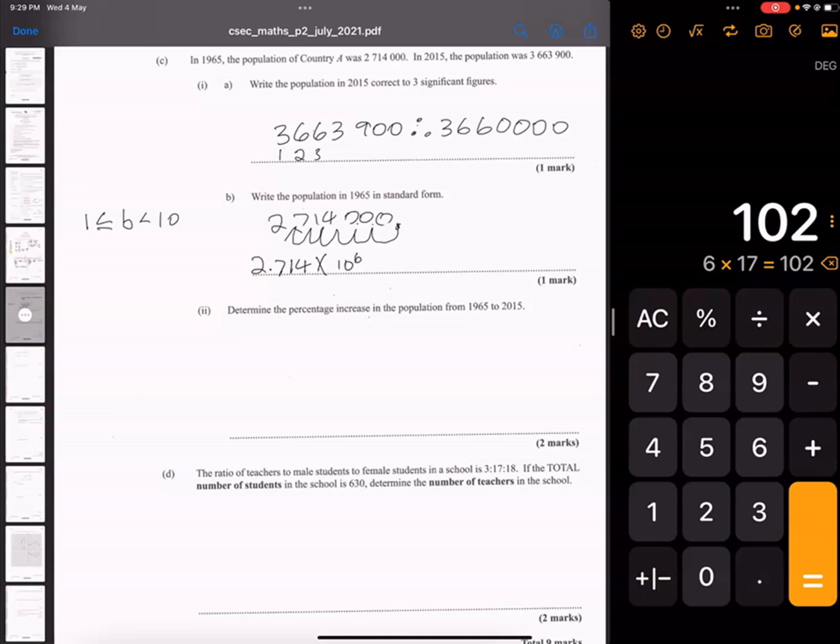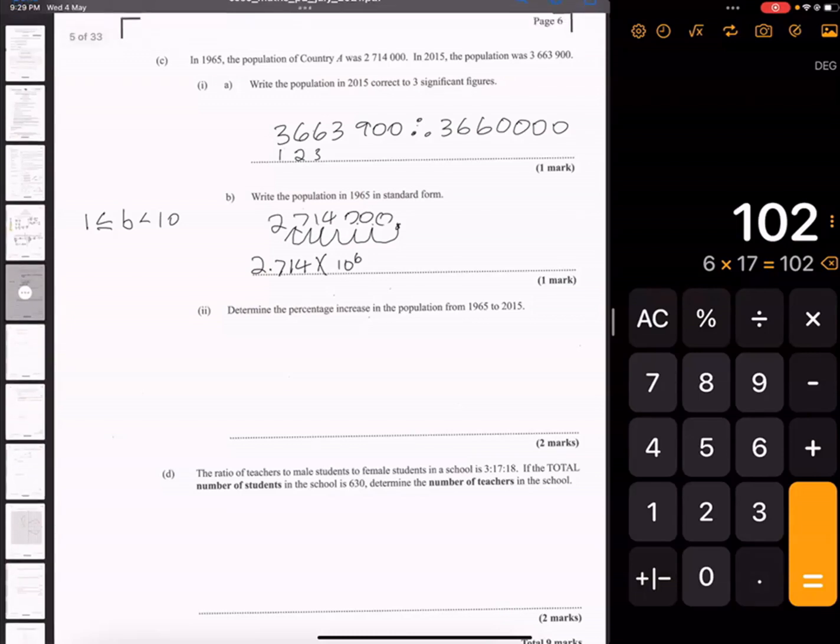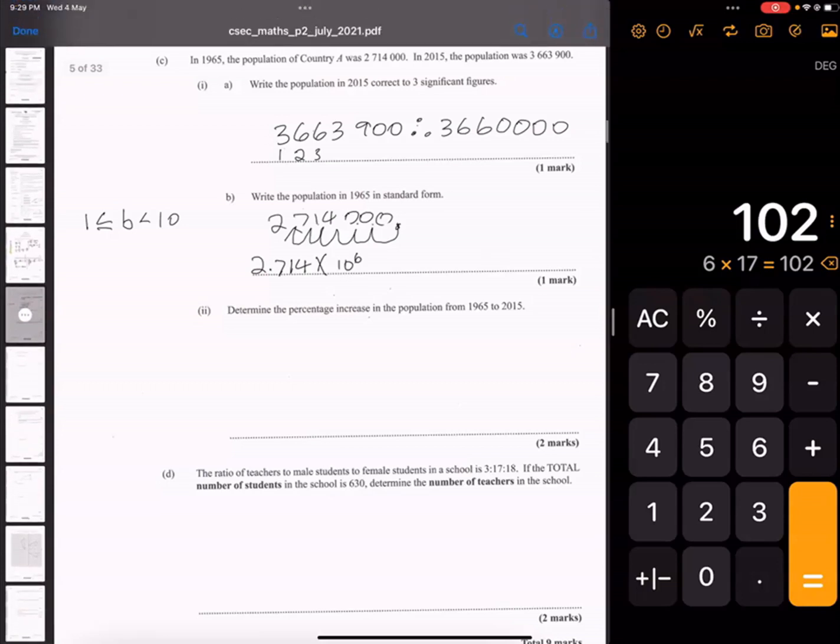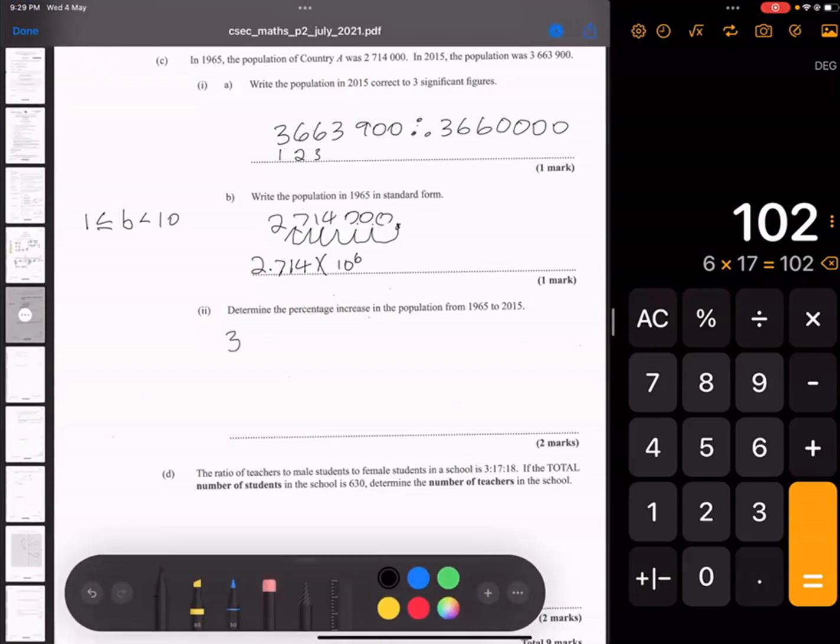So basically we're going to have 3,663,900 take away 2,714,000.